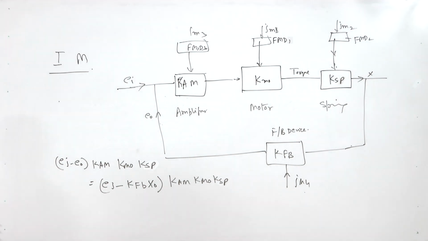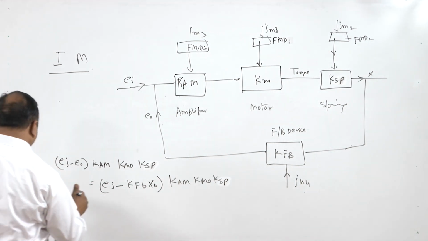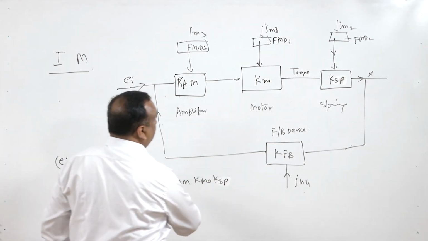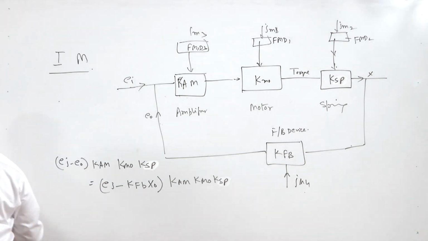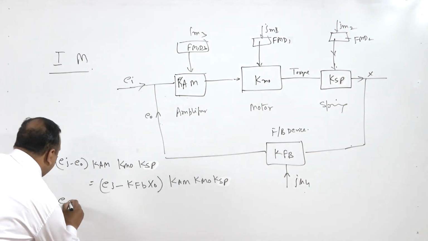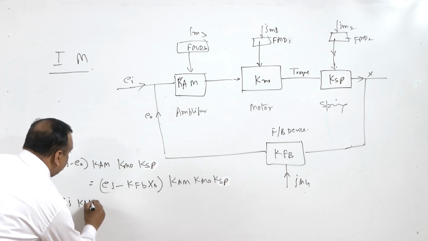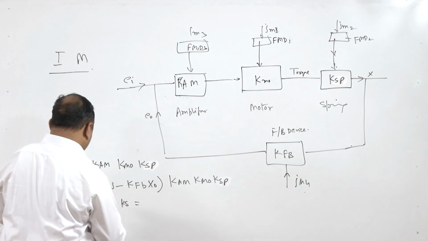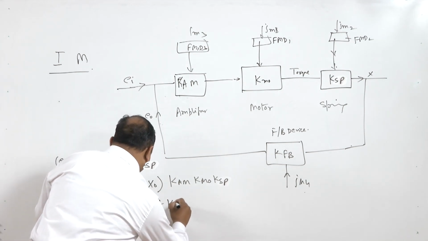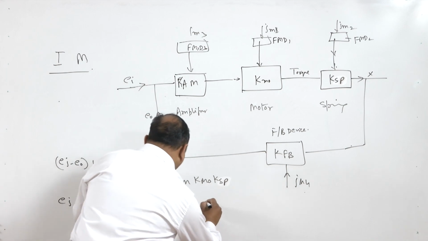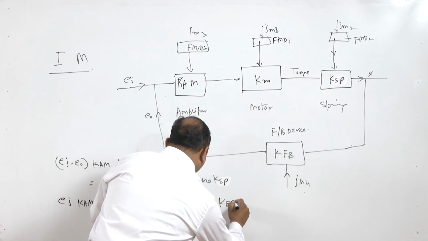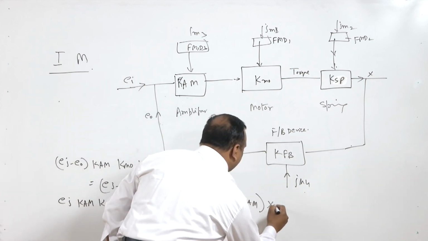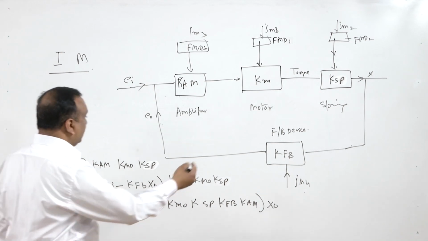Now further simplifying this equation, we can write EI KAM KMO KS is equal to 1 plus KMO KSP KFB KAM into XO.